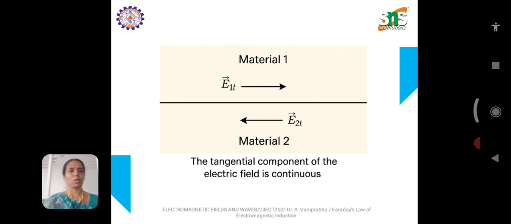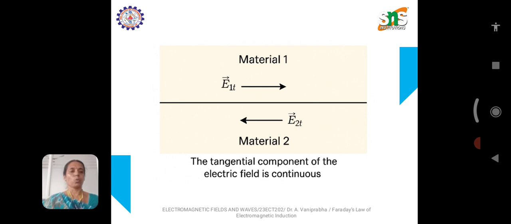So this is a small picture that reflects the tangential component of the electric field, and see here it is continuous, meaning it is parallel to the ground surface. There are no jumps or discontinuities. It is parallel to the boundary surface, as we can imagine.